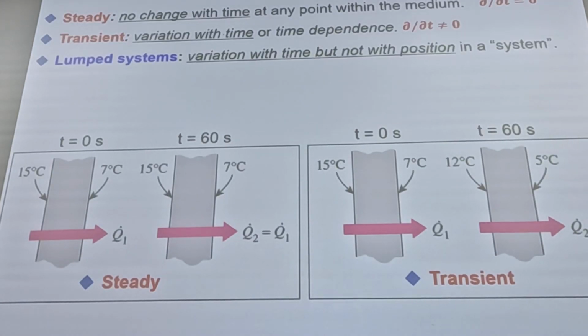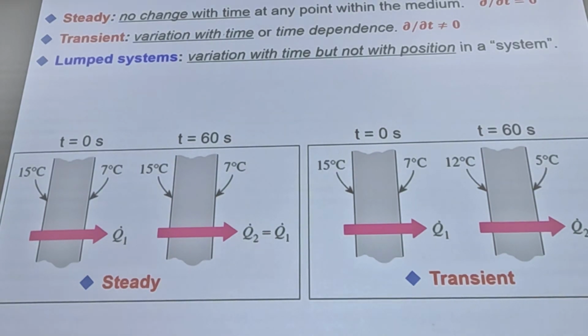Then steady means the partial derivative with respect to t equals 0. It doesn't matter if it's position or time or temperature, and transient means it doesn't equal 0. Okay, it's quite obvious.